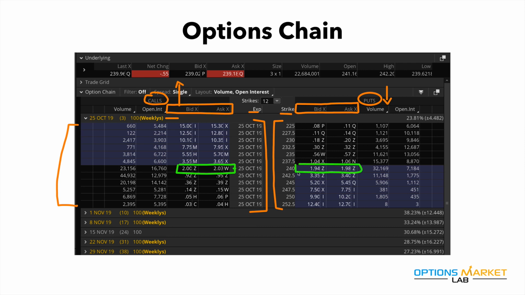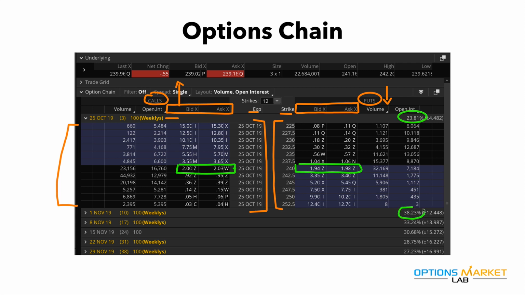Now these are the premiums if we were to trade $240 strike price. For calls, it'll be between $2 and $2.03, and for puts, it will be anywhere between $1.94 all the way to $1.98. Another information that is typically displayed on the options chain is your implied volatility.